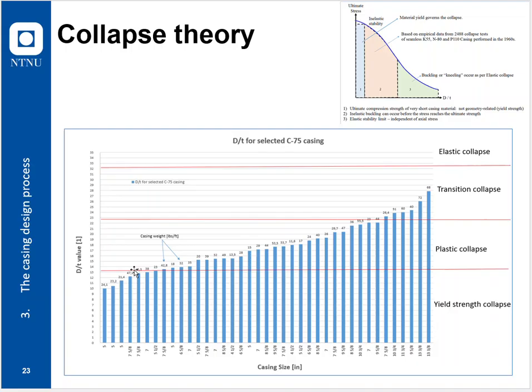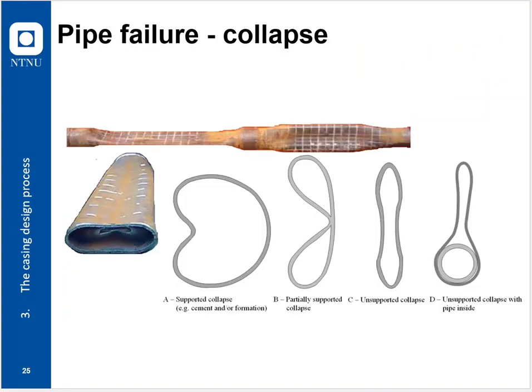Yes, as we move on to pipes that fall into the plastic collapse and certainly transition collapse and elastic collapse, as per definition, we will see these types of failures and the immediate change and defaulting the well for production, disqualifying it, and it immediately turns into a threat of major accident.